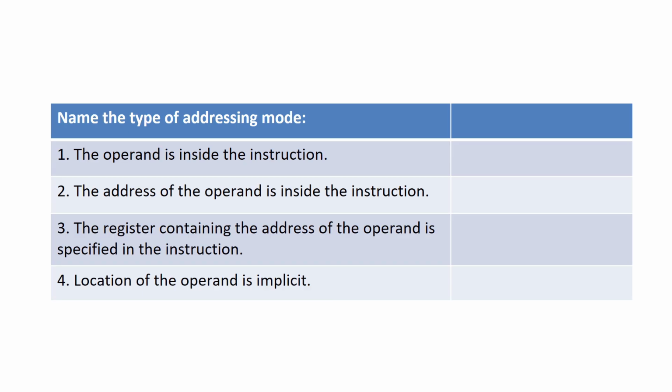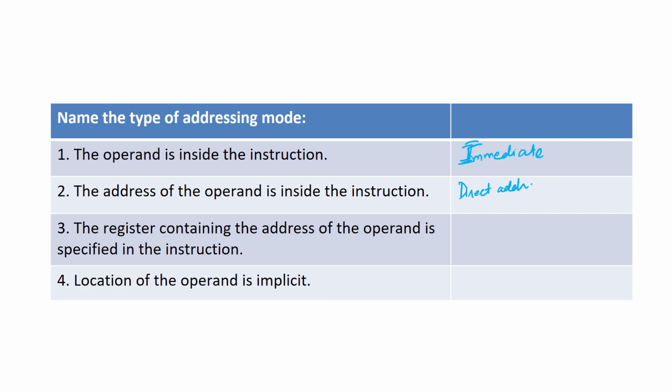Name the type of the addressing mode. The operand is inside the instruction. Which addressing mode is this? So this is immediate addressing mode. The address of the operand is inside the instruction. So this is the direct addressing mode.